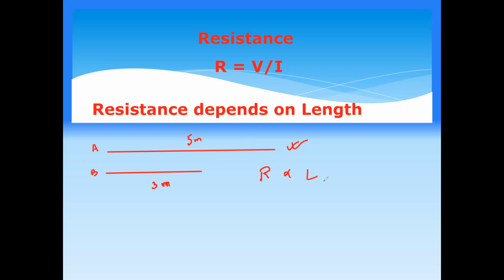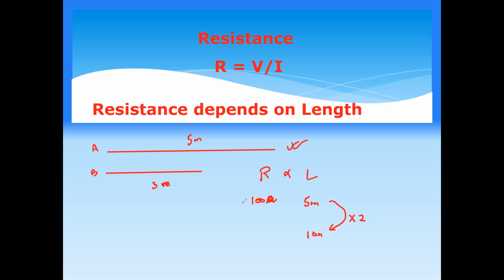For example, say I have a wire of 5 meters which has a resistance of 100 ohms. The unit of resistance is ohm. Now we have another wire which is 10 meters long. What is the change in length? Originally it was 5, now it becomes 10, so the length becomes twice.